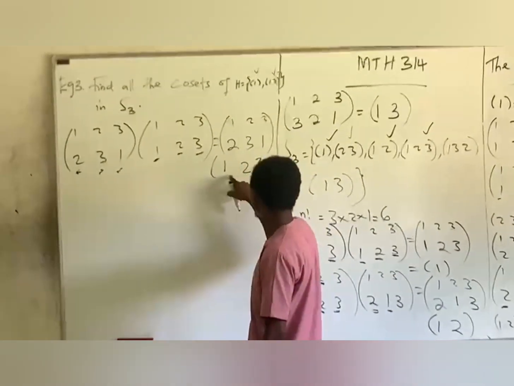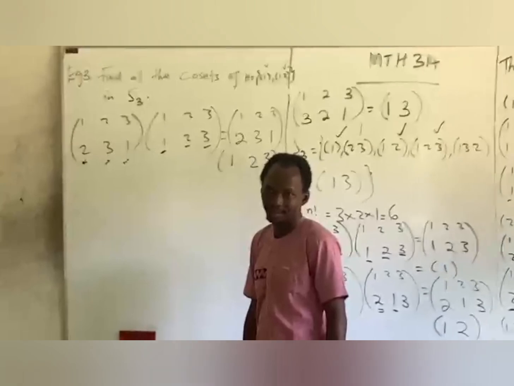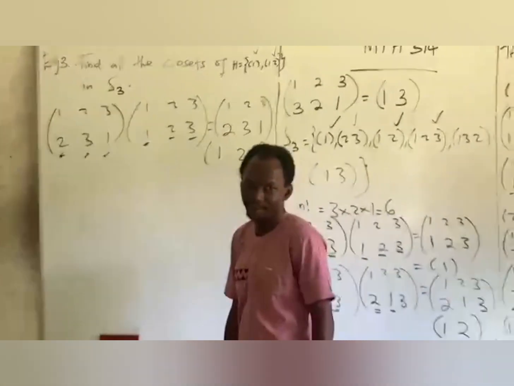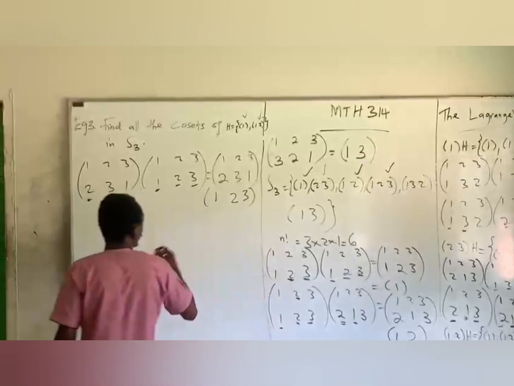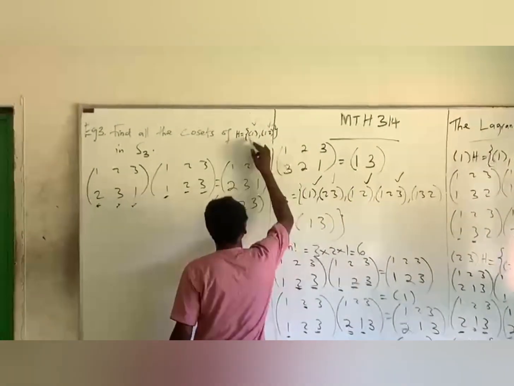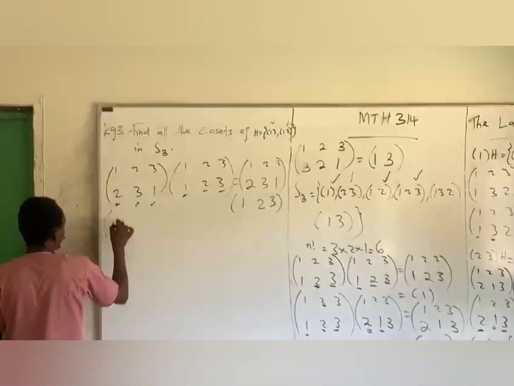Can you see? It goes back, so it's closed. Yes. We are multiplying this by h. We are multiplying it by this now.